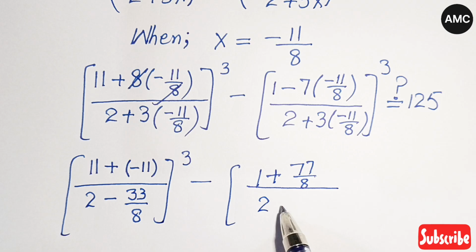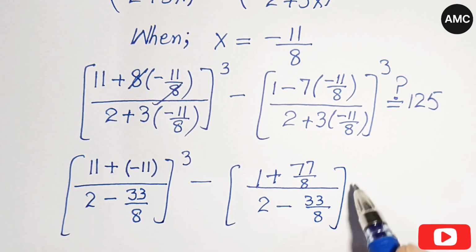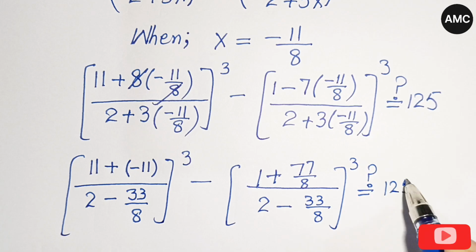Similarly, here we have 2 minus 33 over 8 whole cubed. Is it equal to 125?